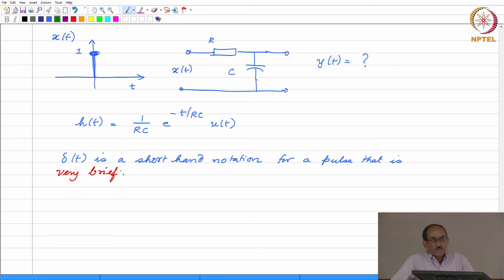Deriving or developing an underlying theory that is sound is completely different, and that is what the mathematicians have done.